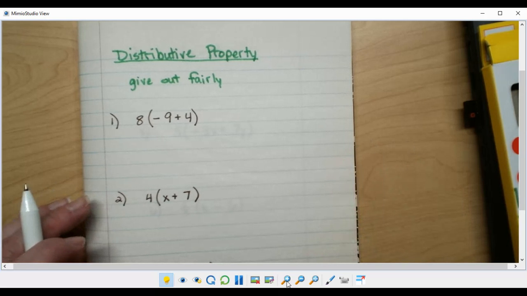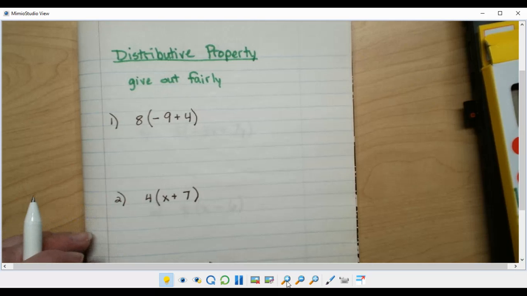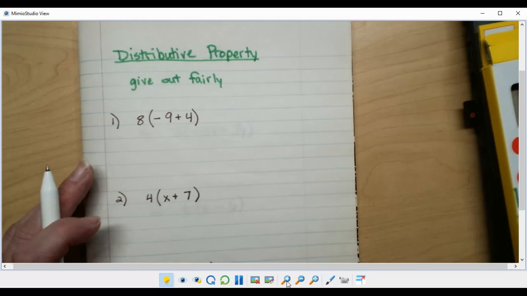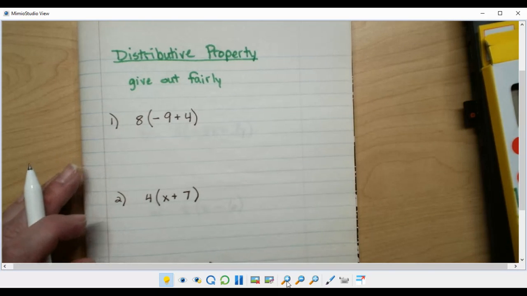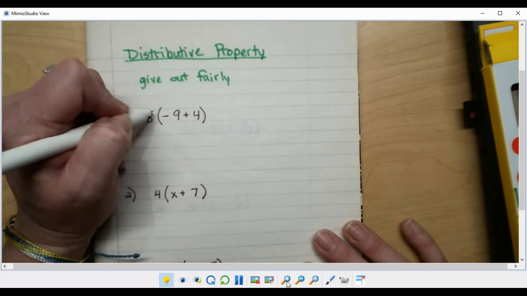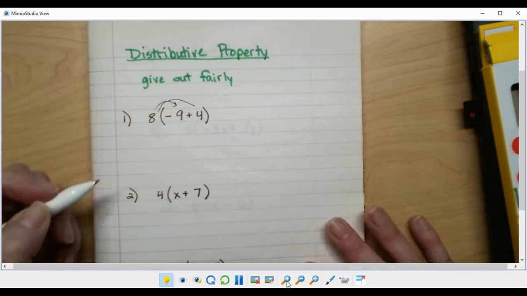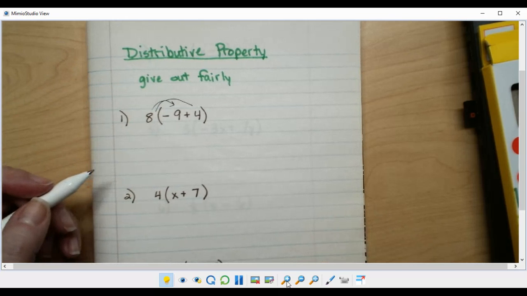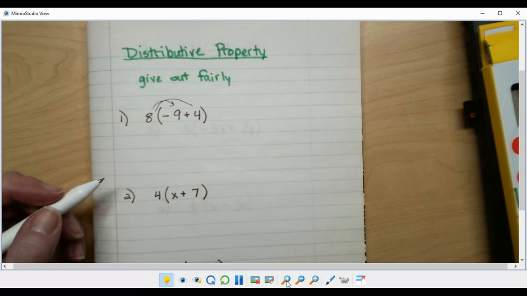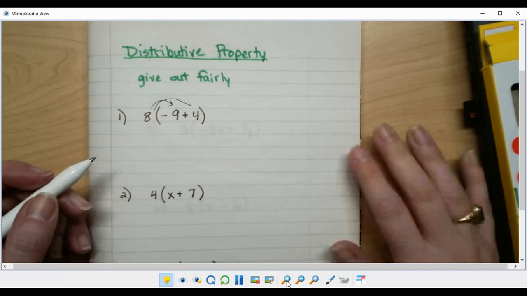Pay attention because these have both letters and numbers, and there's also negatives, and the negatives are what trip everybody up. Now, in the beginning, I'm going to highly recommend that you draw these arrows, where you put the arrow in the end and you just draw the arc, to remind yourself to give that front number out to everything in the parentheses. Right?